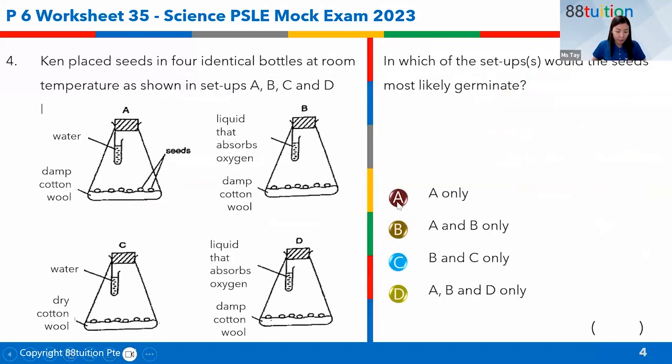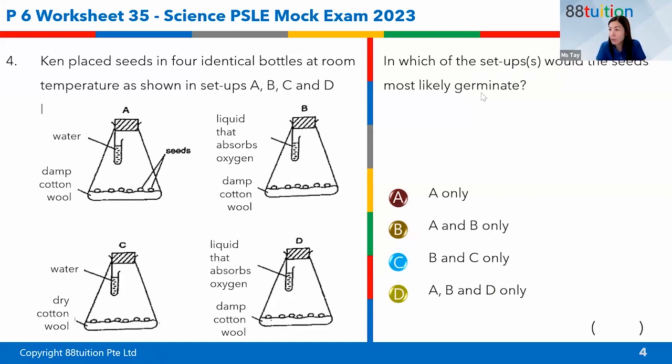Next. Okay, this question here. Can place seeds in 4 identical bottles. Now, there's actually something that some students noted, right? That is option B and D, they look the same. It is true, okay? Option B and D look the same. But anyhow, let's just focus on the requirement of this question. In which of the setups would the seeds most likely germinate?